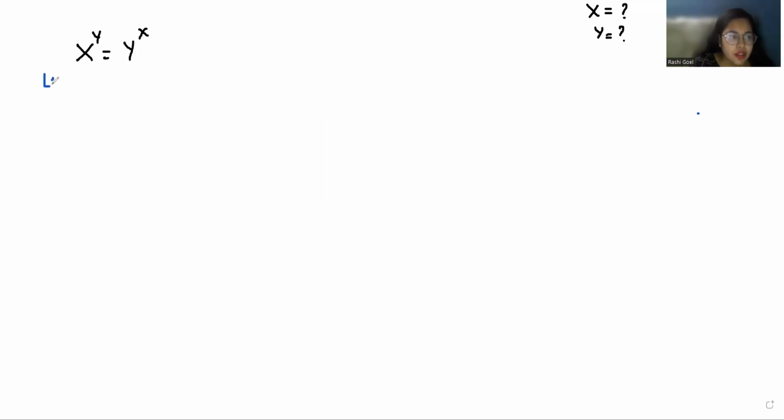First, I am assuming let y is equal to kx, where k is a constant. Now I am going to put y is equal to kx, so x power y becomes x power kx, which is equal to kx power x. Now I am taking the square root on both sides.